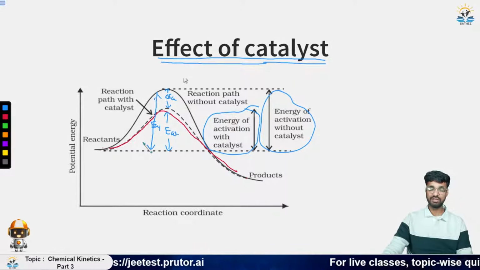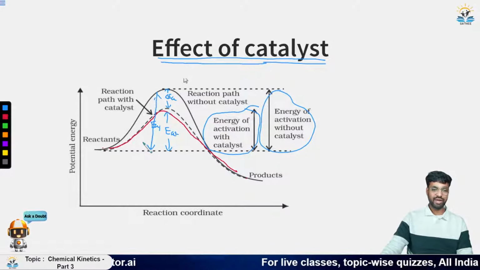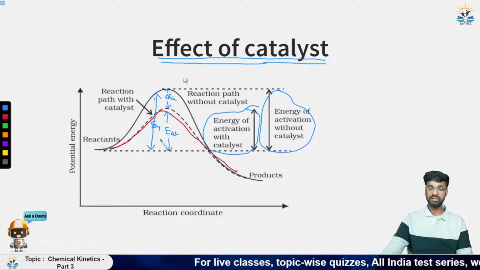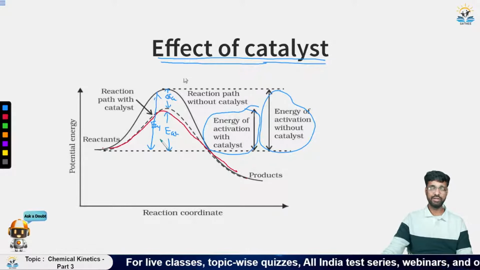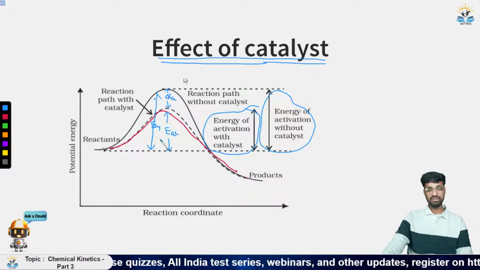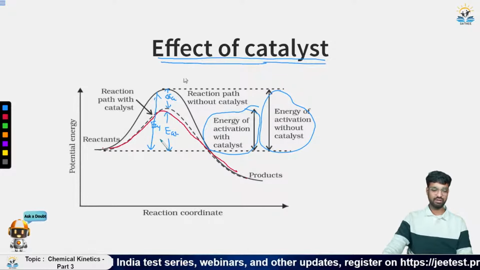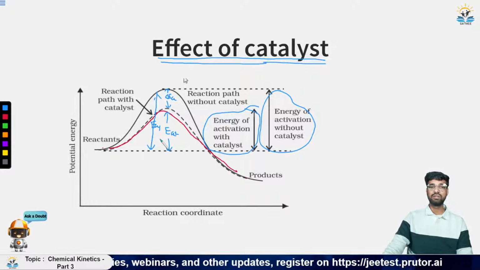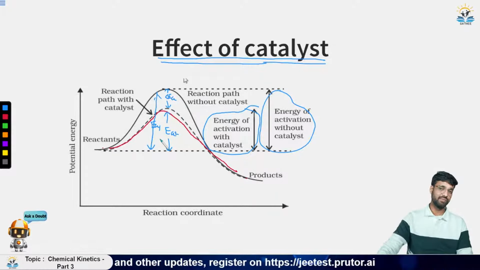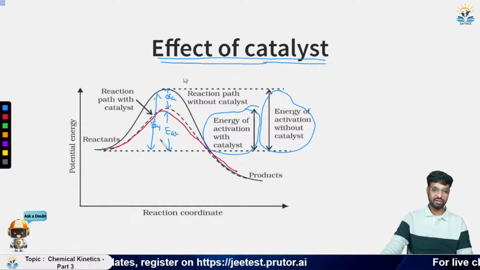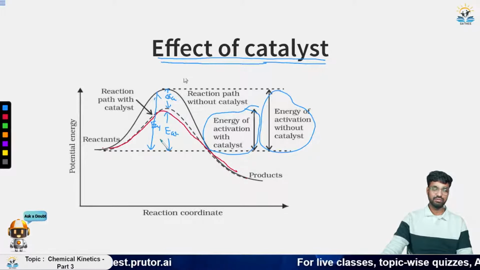Due to this, the forward and backward rates of reaction increase by the same amount, and there is no net change in the equilibrium constant on the involvement of catalyst. So this is the very basis of why the catalyst has no effect on the potential energy change, sorry, the equilibrium constant. Okay, so this is the reason.